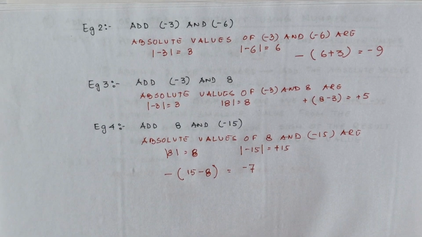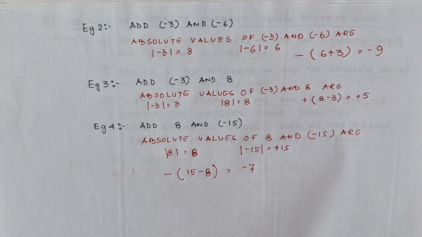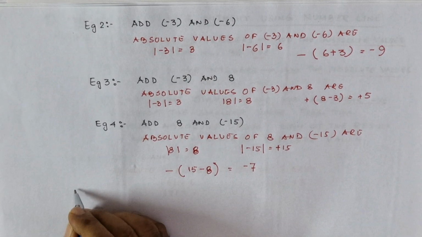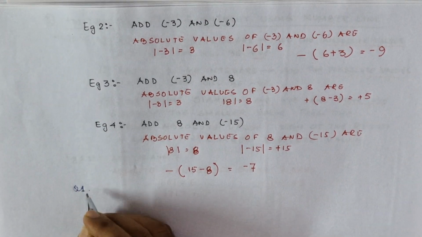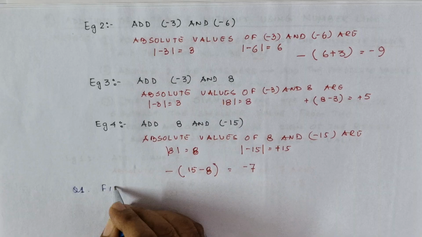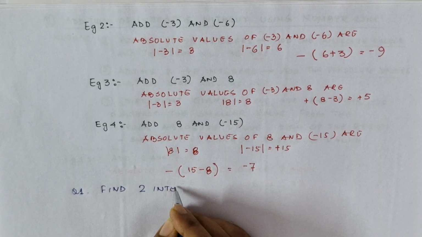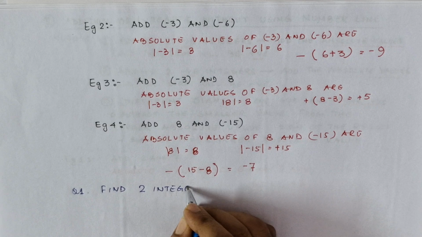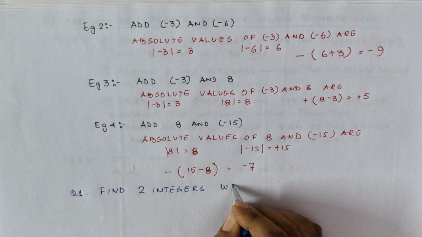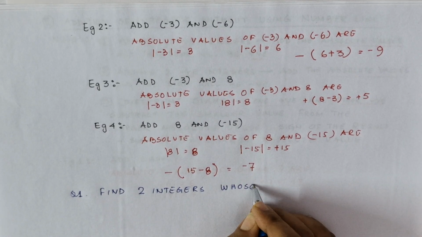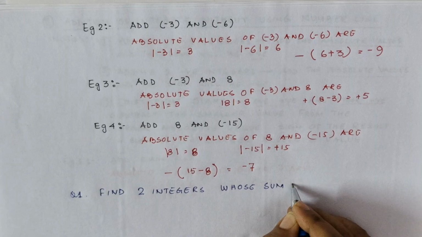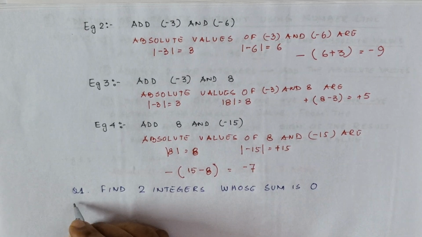So students, I'll be ending the lecture here, and I'll be giving you 2 questions. Question 1: find 2 integers whose sum is 0.